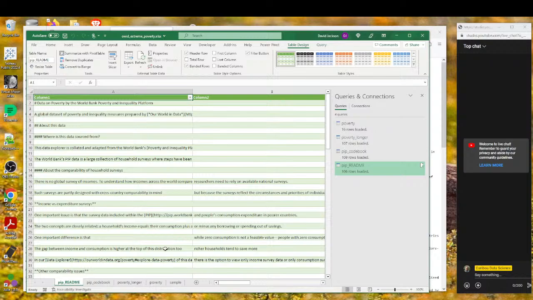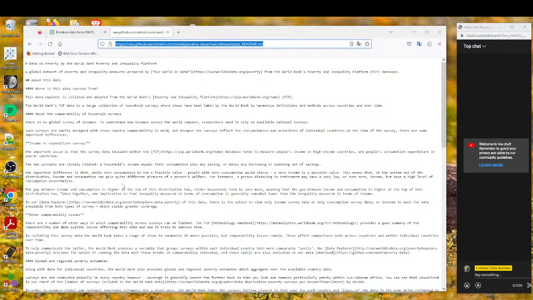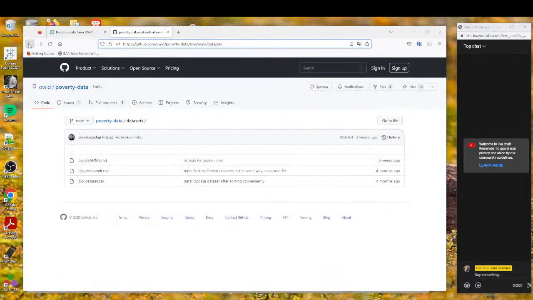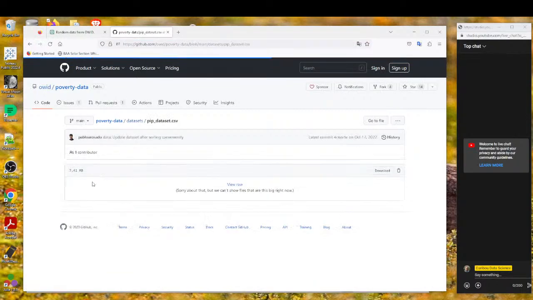I'm not sure what we use for or not. The code book. Now we download the actual data itself. Data set, raw.